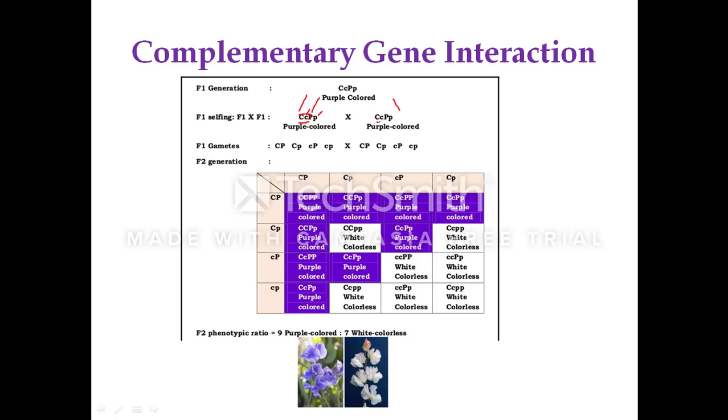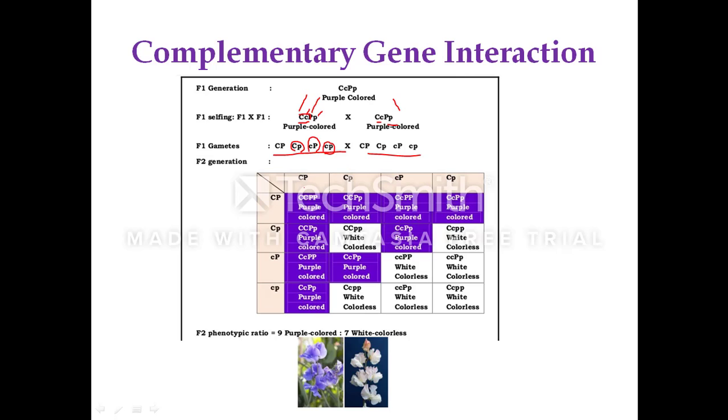When the F1 plants were selfed, they produce 4 types of gametes: capital C capital P, capital C small p, small c capital P, and small c small p. The other F1 plant will also produce the same types of gametes.